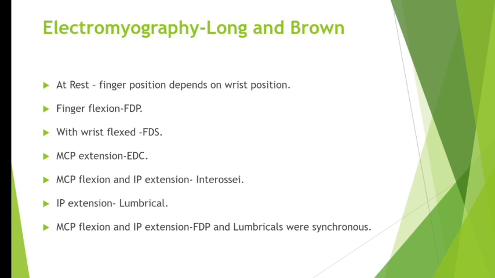And if your wrist is in extension, because of the tenodesis effect, the fingers go into flexion. They found that during active finger flexion, FDP is the one most commonly acting. But at the same time, when you flex the fingers with the wrist flexed, then it is FDS which takes over. Similarly, during only MCP extension, the EDC acts throughout the motion, and the lumbricals act throughout the IP extension.